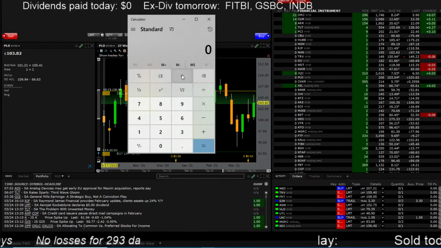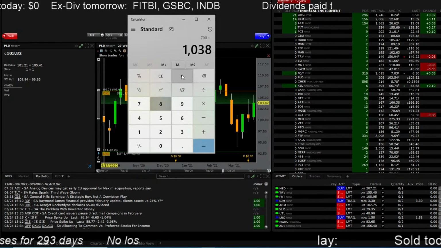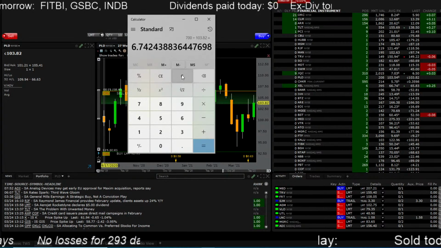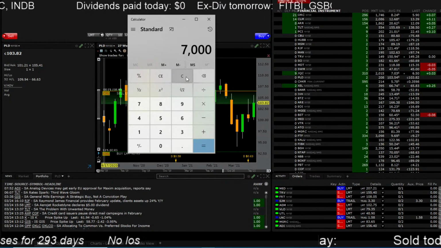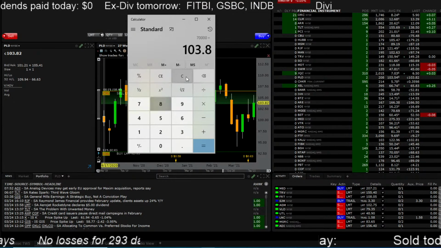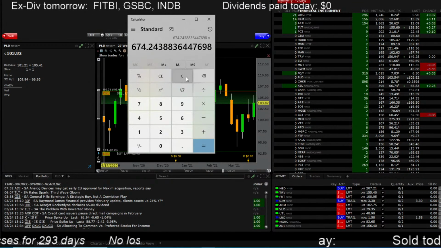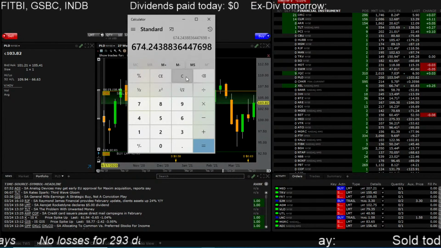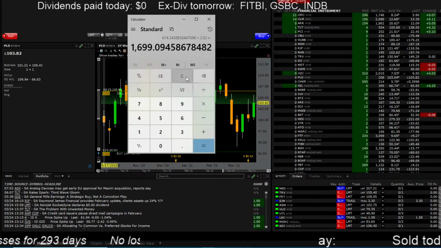So 70,000 divided by 103.82 is 674 shares, multiplied by what it's paying per year in dividends, $2.52. So you make $1,700 a year.